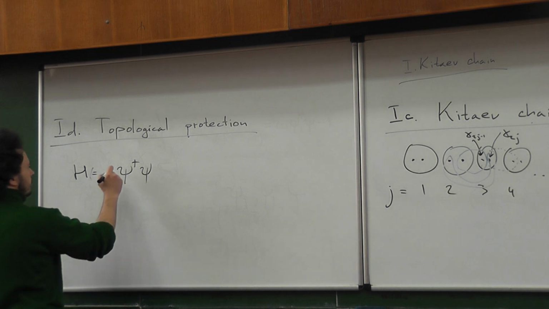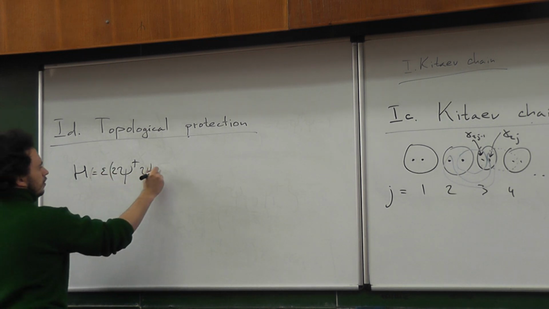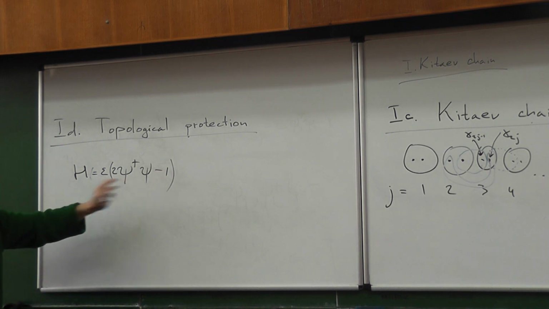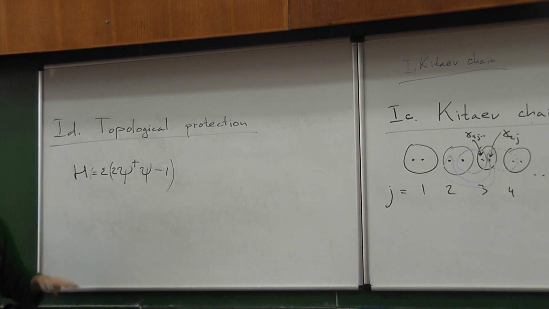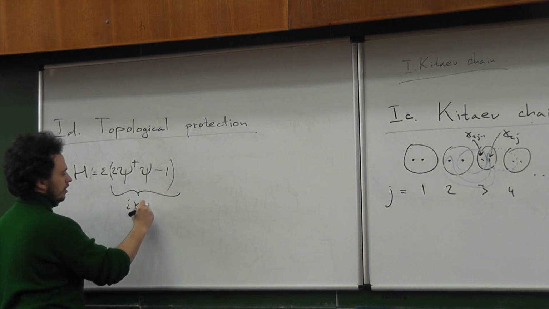Or rather, I'd write it like this, in a symmetric way: if it's occupied, it has energy plus epsilon, and if it's empty, it has energy minus epsilon. But you know, I know what this operator is. It's i gamma 1 gamma 2n.